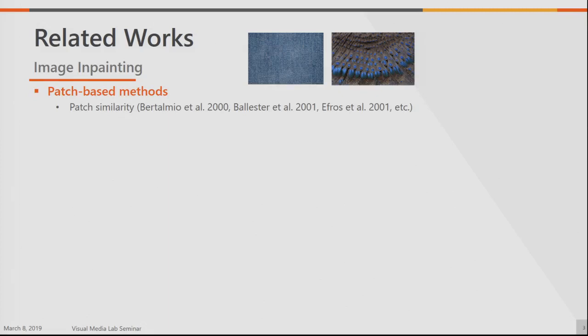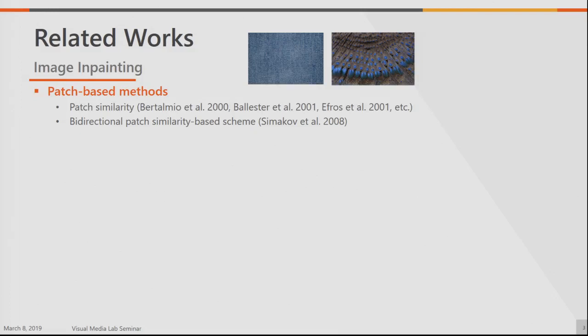And later, Simakov et al. solved this problem using a bidirectional patch similarity-based scheme. So the results for complex images were much better, but the problem was that it was very time-consuming. In practice, this couldn't really be used for many applications because of the time.